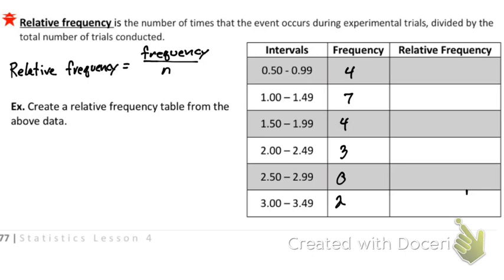All right, my relative frequency is our frequency divided by how many items we have. So it's 4 divided by 20, which is going to come out to 0.2, which you could also write as 20%.